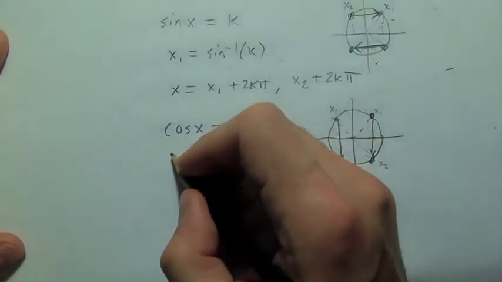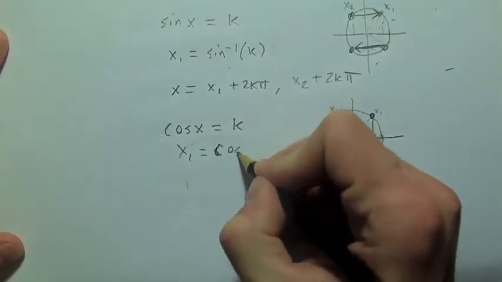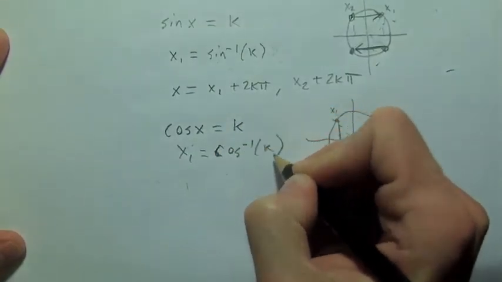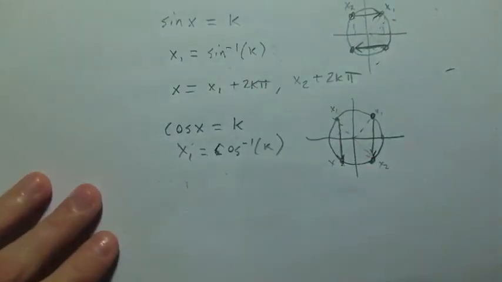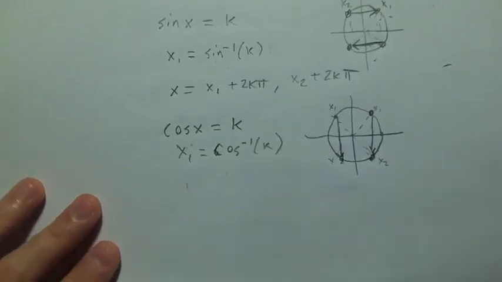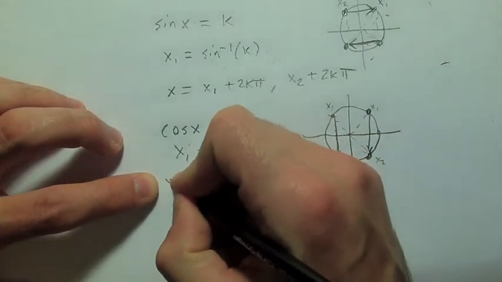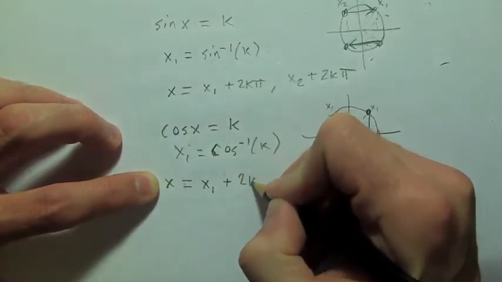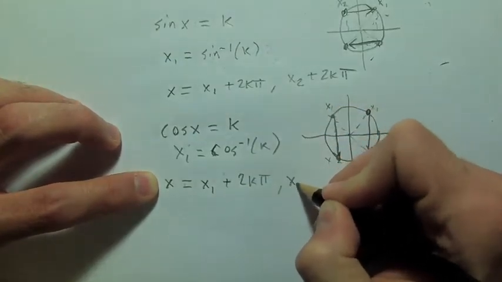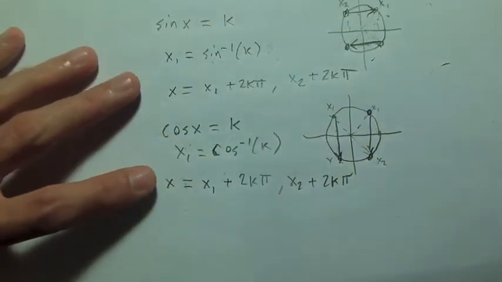Right? So x1 is always going to be cosine inverse of k. Or you could just use the unit circle. The unit circle is really helpful here if you have it memorized. Now, once you have that, x, of course, is going to be x1 plus 2k pi, comma, x2 plus 2k pi. That's your rotations.